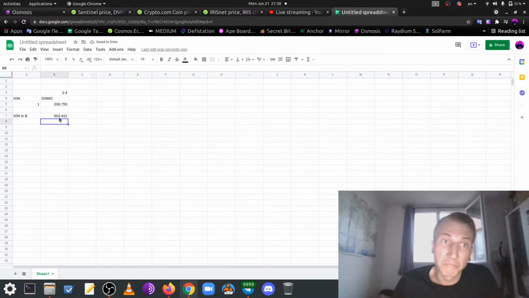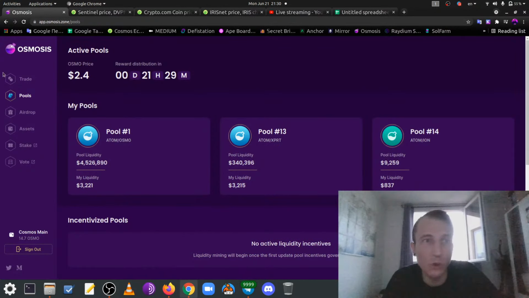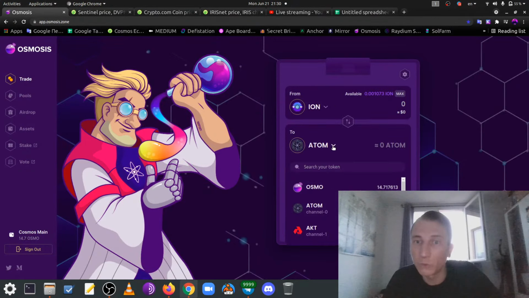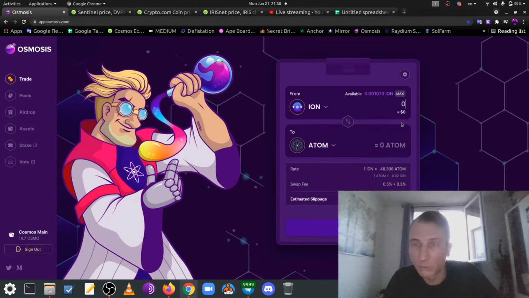By the price and amount, we understand that Ion in Osmo costs $5.3. Okay, let's look now to trade Ion to atom. For one Ion, we will get this amount of atoms. Very nice. Copy like this.